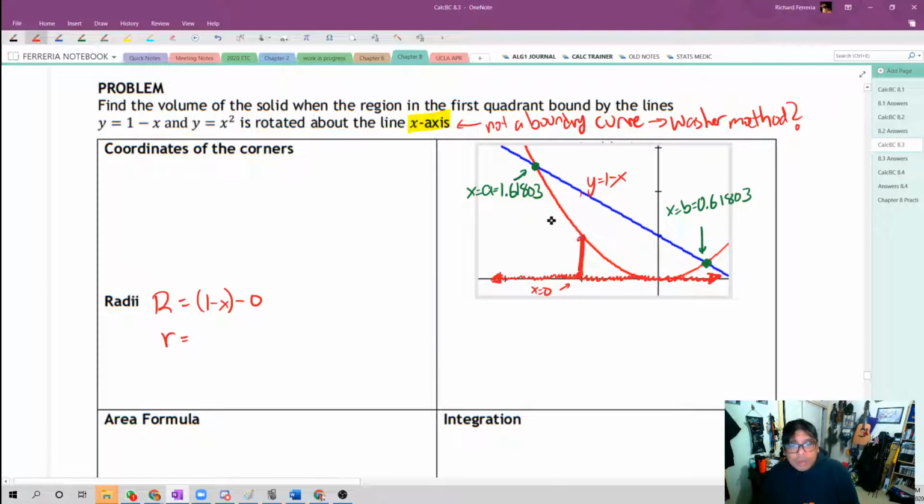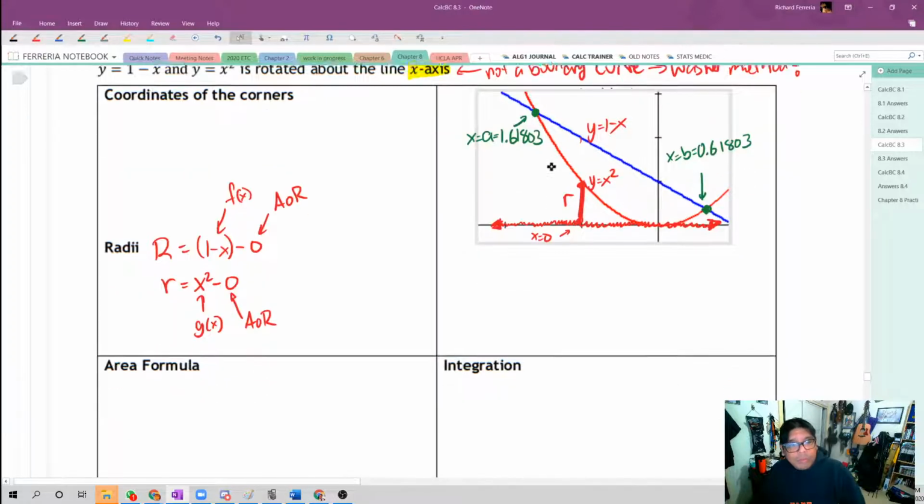So this is going to be the little radius. The y coordinate here is x squared. So it's going to be the y coordinate on top, which is x squared, minus the y coordinate on bottom, which is the axis of rotation, which is 0. So we'll call this f of x minus axis of rotation. And over here, this is g of x minus the axis of rotation.